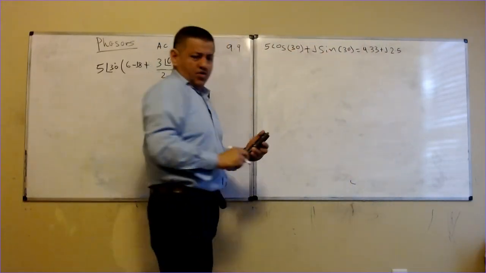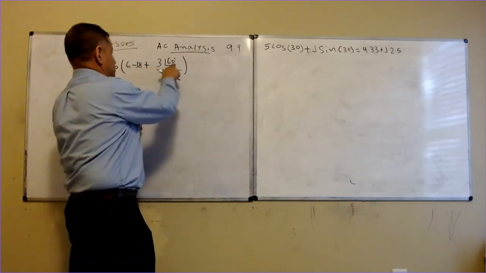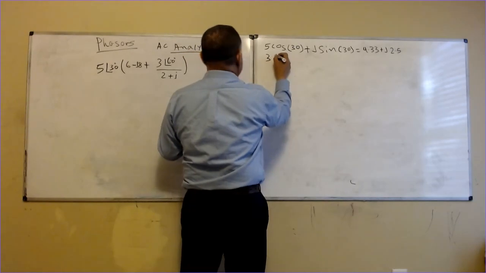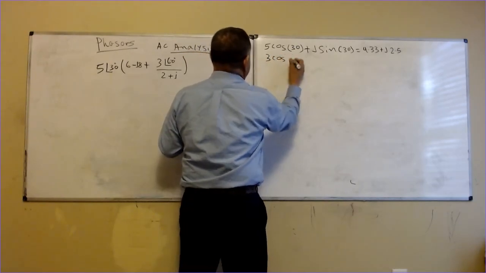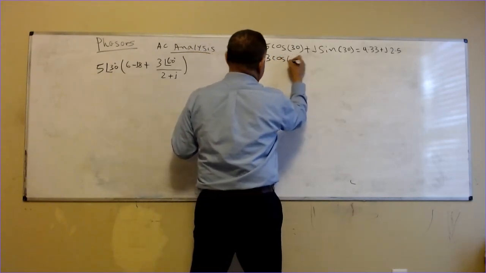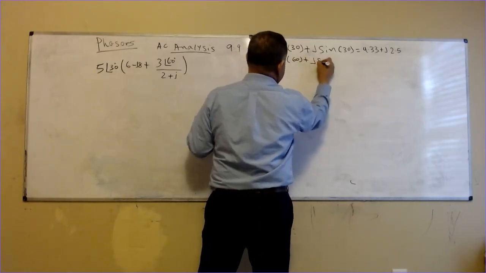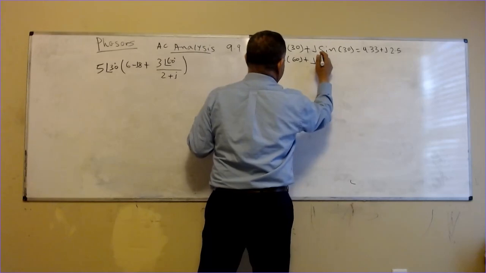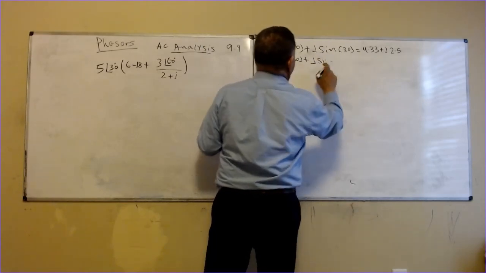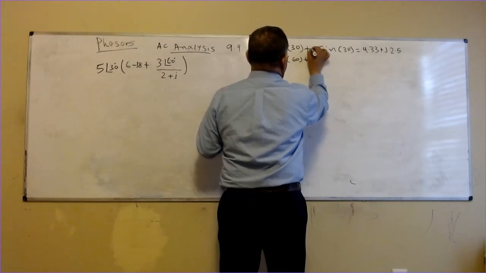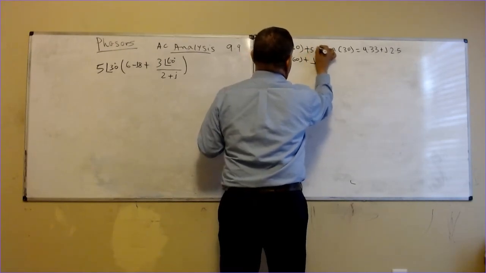Next, we do this, right? So next we do 3 cosine of 60 degrees plus j. So remember here I'm doing also the 3, the 5 here, right?